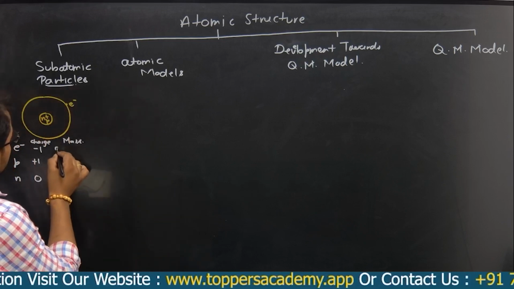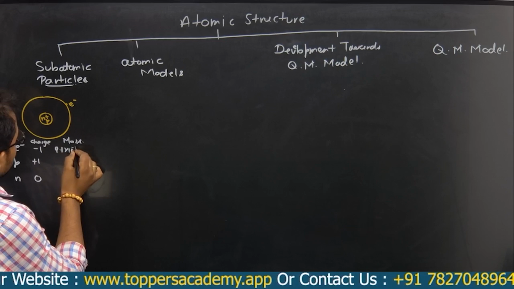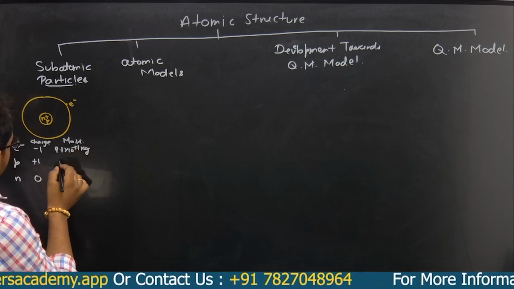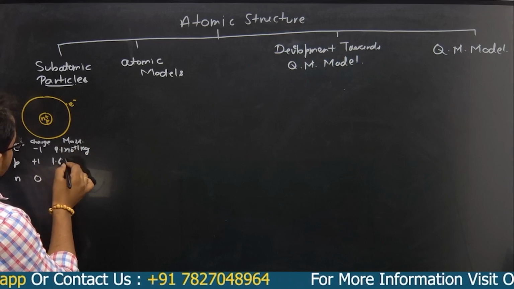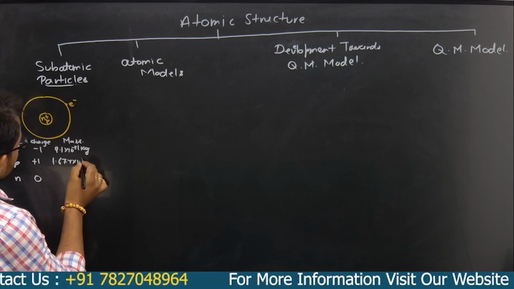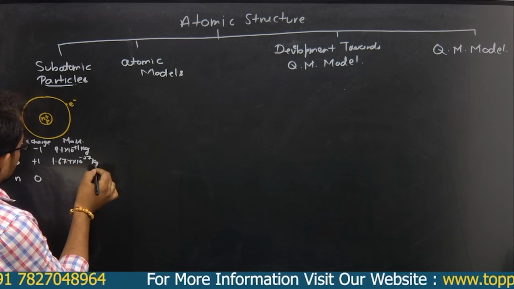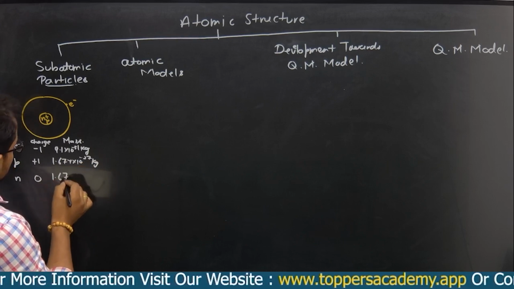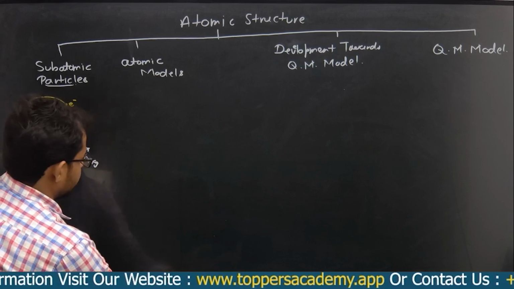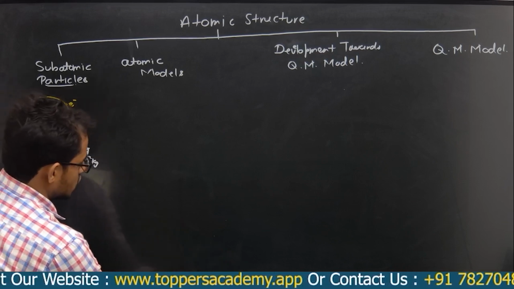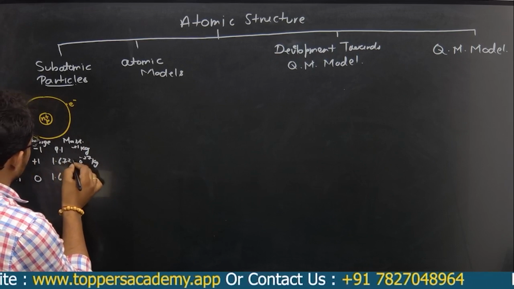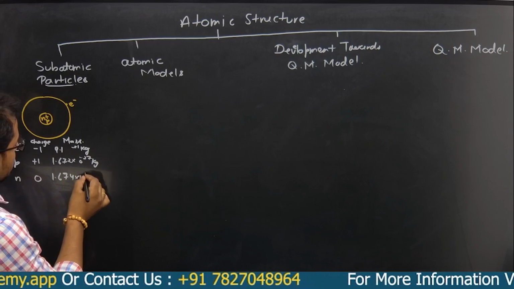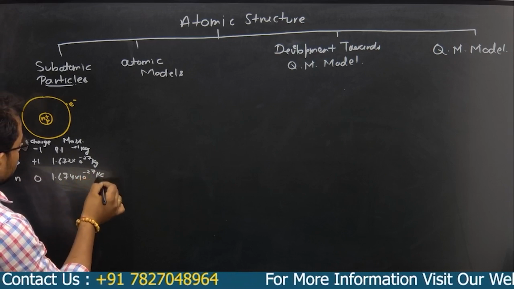Mass of electron is 9.1 into 10 to the power -31 kilogram, mass of proton is 1.672 into 10 to the power -27 kilogram, and mass of neutron is 1.674 into 10 to the power -27 kilogram.